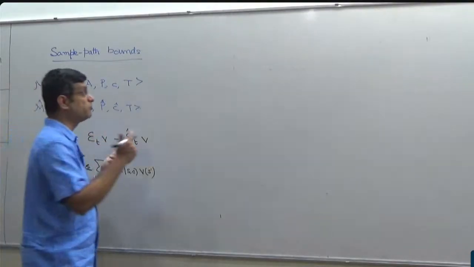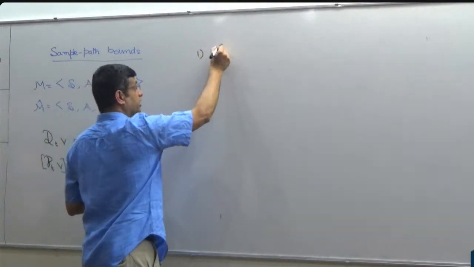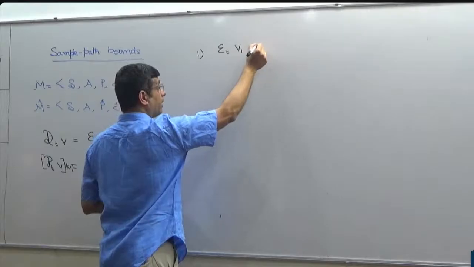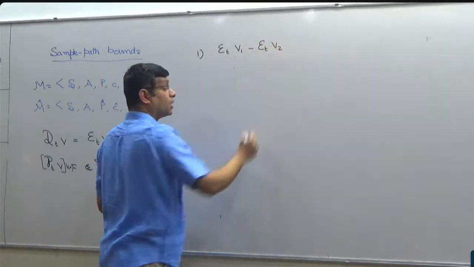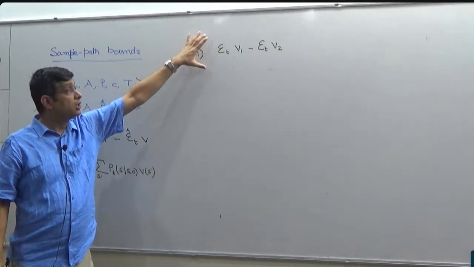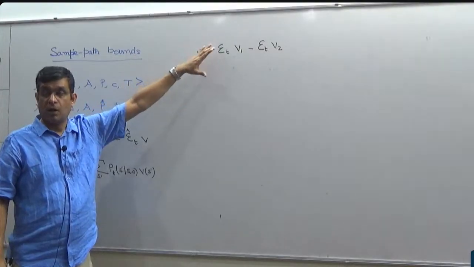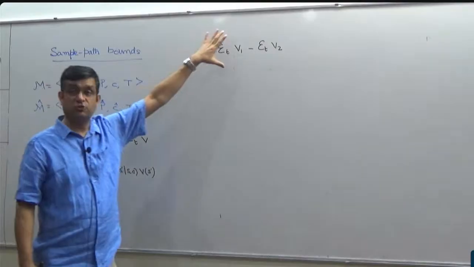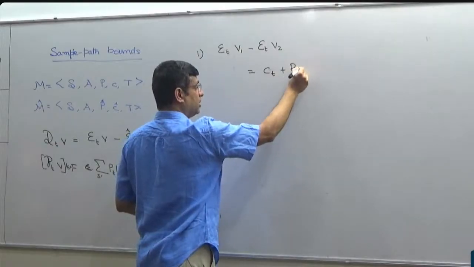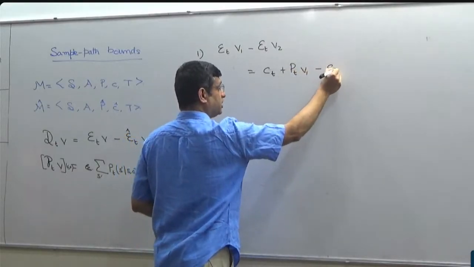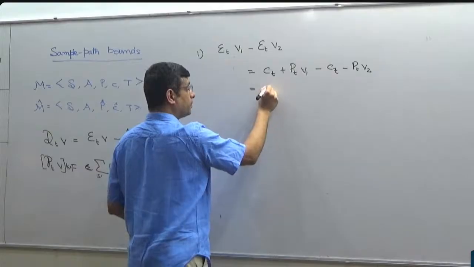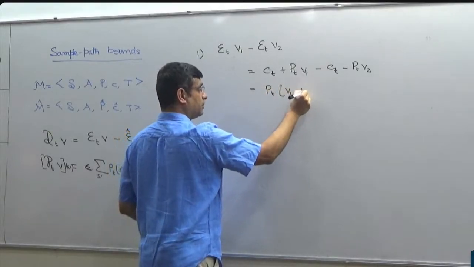So, I will start with a few observations. The first observation is, if I take two functions, E_t applied on v1 minus E_t applied on v2. In the sup norm case, I had shown that this thing is a non-expansion in the norm. I do not want to take the norm. So, what happens to this? This is really C_t plus P_t of v1 minus C_t minus P_t of v2, so this is equal to P_t of v1 minus v2.